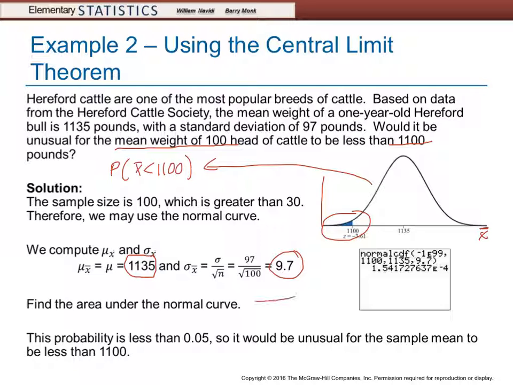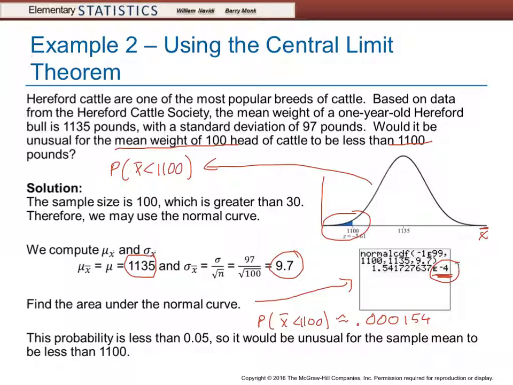So we plug it into the calculator under normal CDF, and we get a probability that is really very small, right? This probability that X bar, the mean value, is less than 1100 is approximately equal to 0.000154.